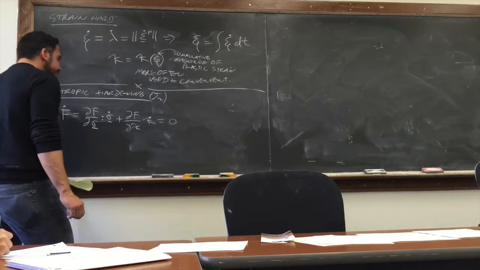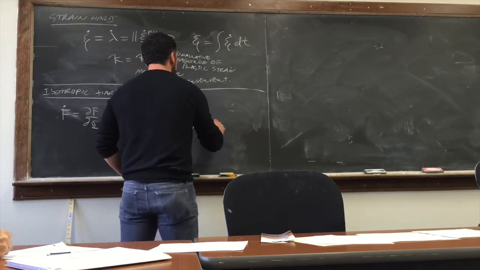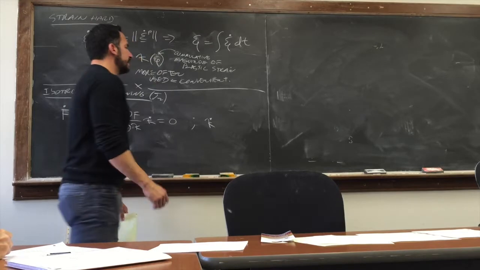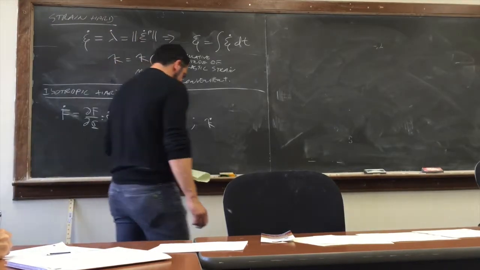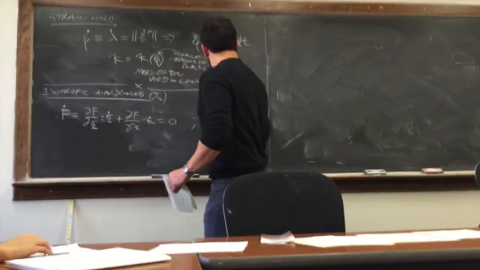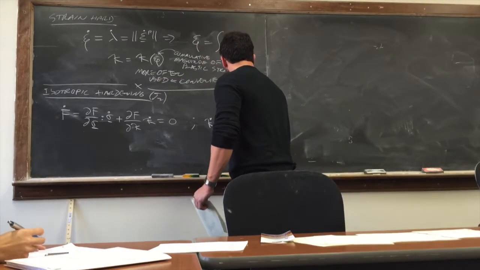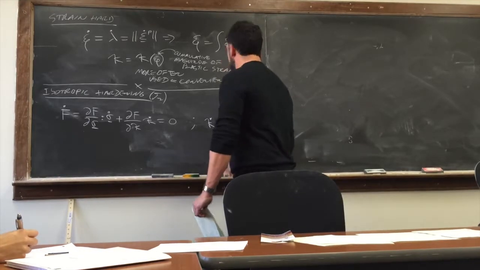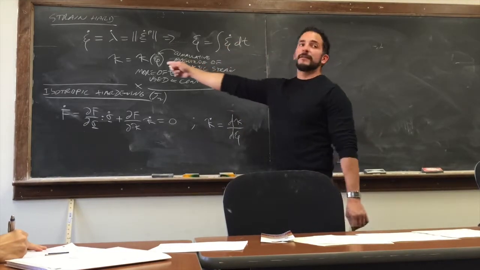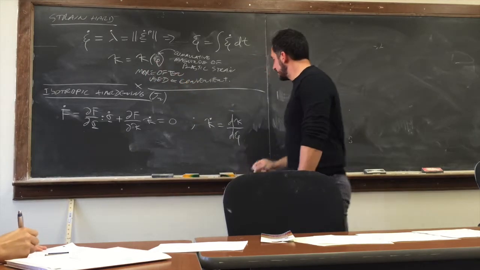Then, by the concept of strain hardening, I'm going to write kappa dot such that I have some kappa prime. So I have some d kappa dc, right? I can formulate some function of kappa as a function of c.